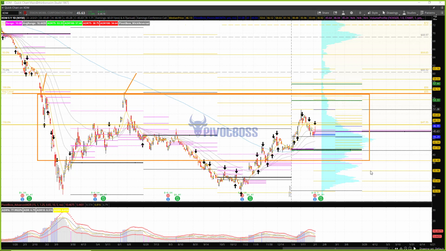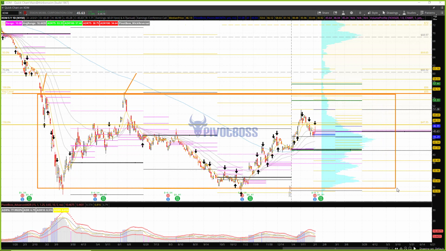You have 55 on top, about 32 on bottom, and so far we're still working our way higher from that low, and I think 55 is still the level to reach. Again, you probably don't want price getting back below 40 in order to get there, but everything is still looking okay for right now.